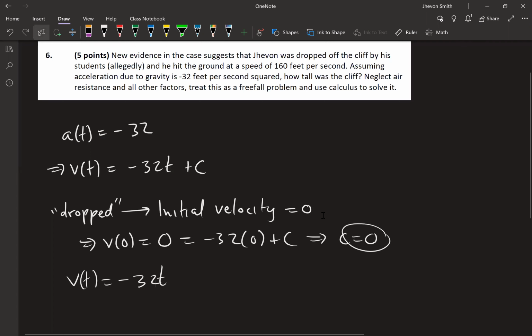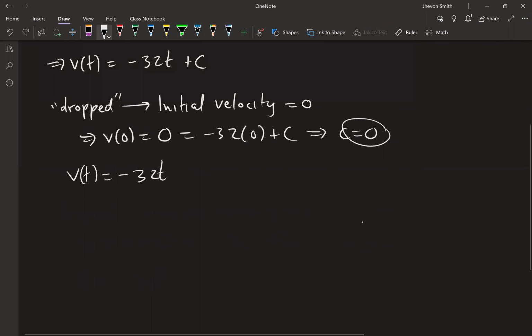Right. Now integrate the v of t, and that gives you position, which is -16t squared plus a constant c.